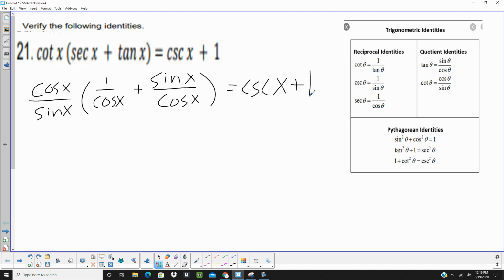Well, I'm going to debate whether or not to simplify the numerator first, but I think what I'm going to do is go ahead and, or I'm sorry, did I say numerator? I meant inside the parentheses.